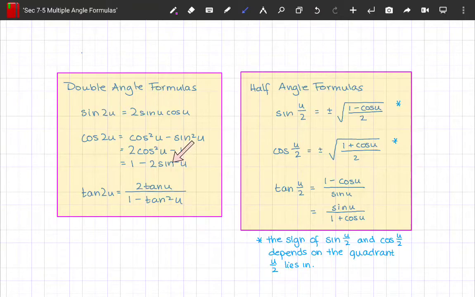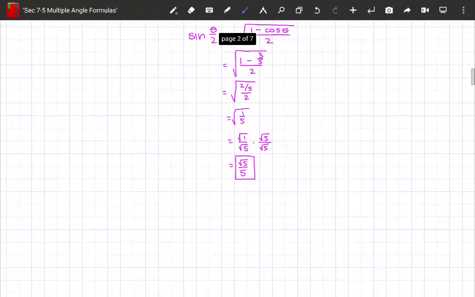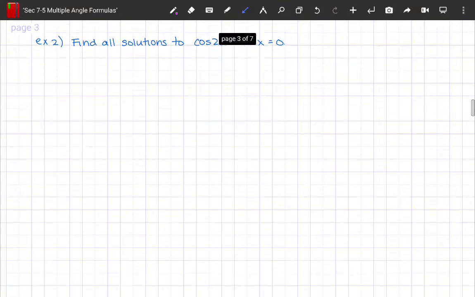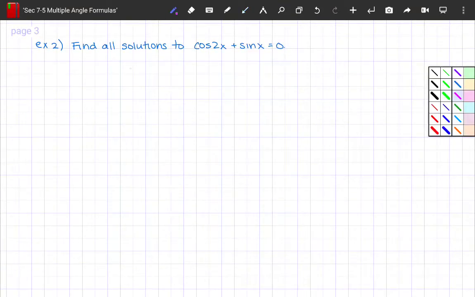And that's going to be useful. So I'm going to use this one for the cosine of 2u. So we have cosine 2x plus sine x equals 0. But we know that cosine 2x is 1 minus 2 sine squared x.